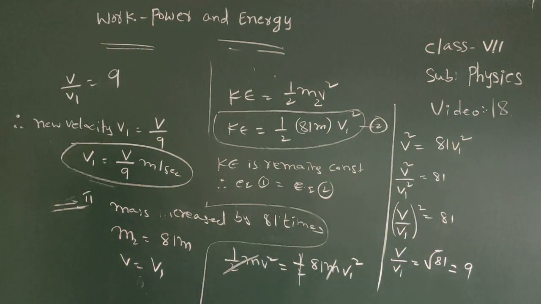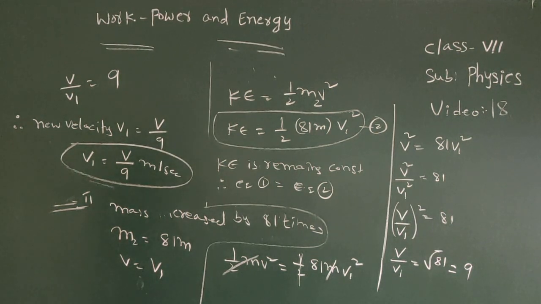Next one, 19th one. If a body P has kinetic energy equal to E, another body Q has mass 9 times that of P, and the energy also remains constant.